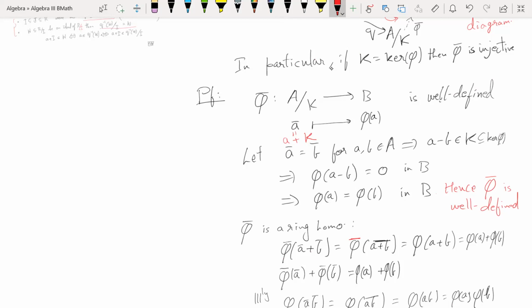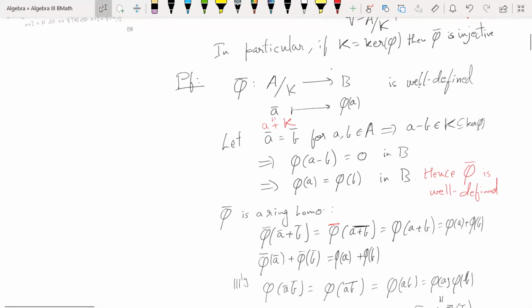So in this notation, A bar plus B bar is the same as A plus B bar. So phi bar of A bar plus B bar is the same as phi bar of A plus B bar. But by definition, phi bar of A plus B bar is the same as phi of A plus B, yeah? Which is equal to phi A plus phi B. Okay, so this is because phi is a ring homomorphism.